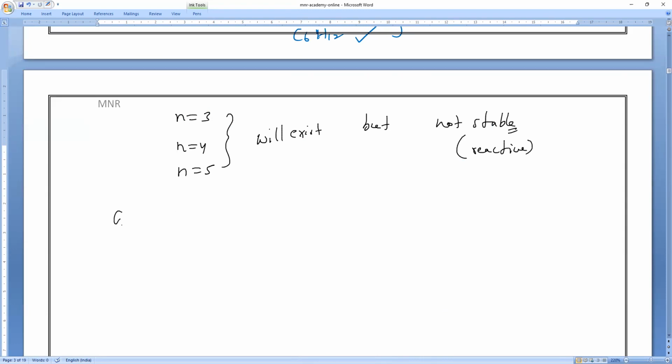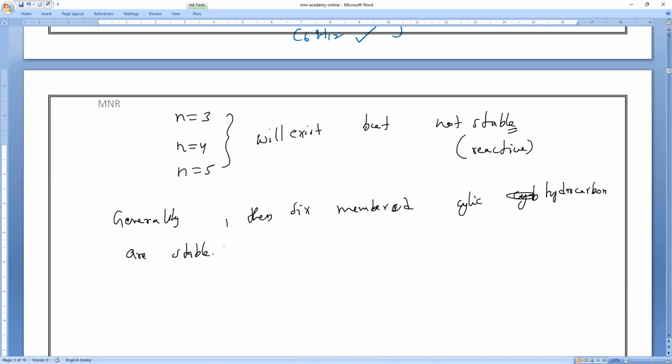So generally remember, in cyclic hydrocarbons, generally only 6-membered cyclic hydrocarbons are stable.